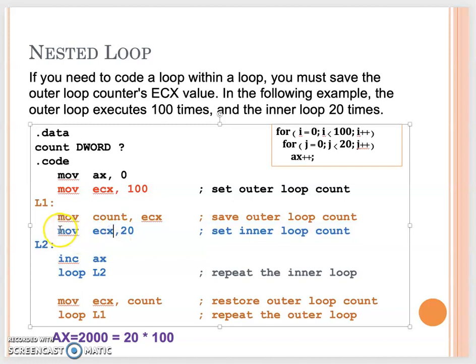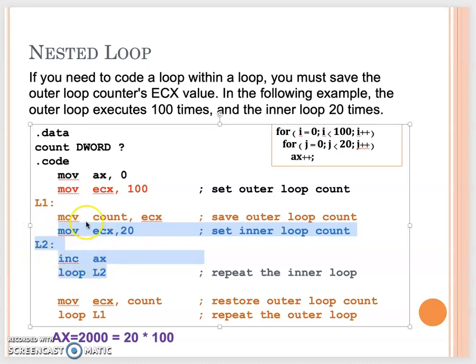So before I get to the inner loop, I need to save my current ECX value to another location, so later I can restore it before my outer loop finishes. That's why you see here, after my ECX is saved to the count, I can move 20 to ECX. So inside my inner loop, I just increment AX each time. So then I'm done. But you see here, actually I need to do 20 times.